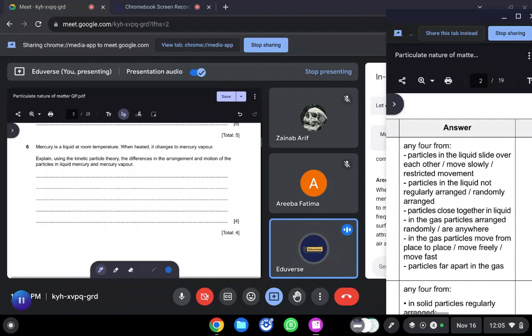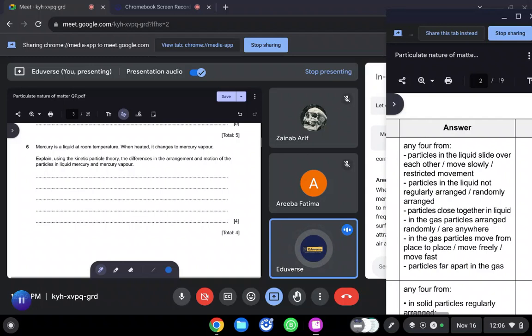If you use any of these, you get 1 mark. Particles in liquid not regularly arranged, randomly arranged, another mark. Particles close together in liquid, another mark. In the gas, particles arranged randomly anywhere, you will be awarded another mark.